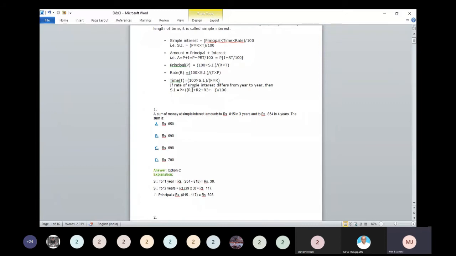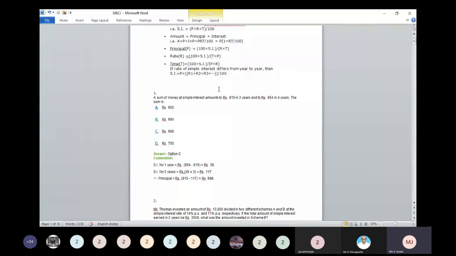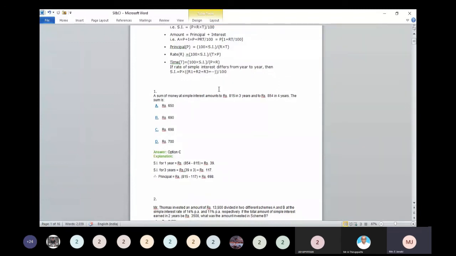R1 means the rate of interest for the first year, and the second year the rate of interest will differ, so take R2. R3 is the rate of interest for the third year, plus etc., divided by 100. Did you understand? Anyway, this is P into R into T divided by 100. This is the basic formula in simple interest.